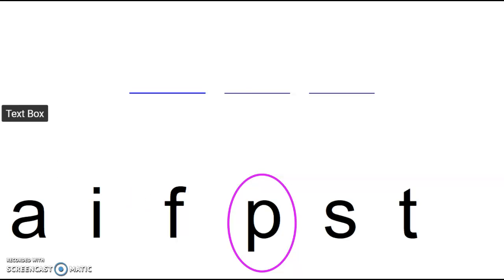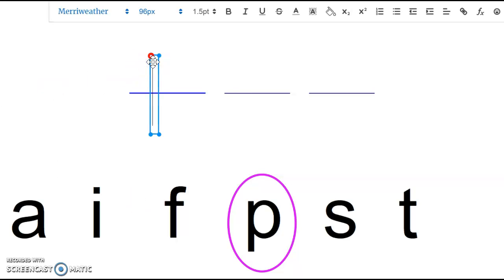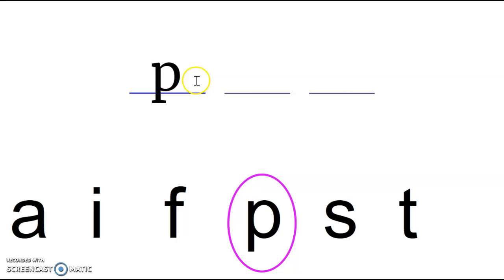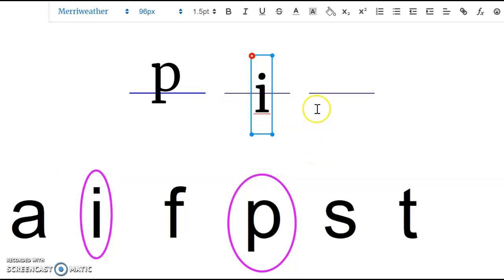Letter P is the first letter of our word. Our second letter makes the I sound. Which letter makes the I sound? If you chose letter I, you are correct once again. Great job.